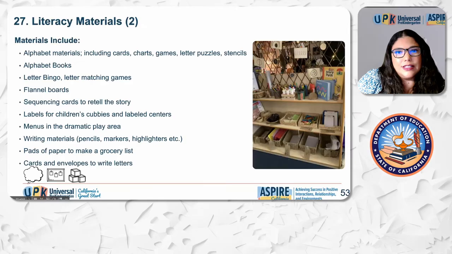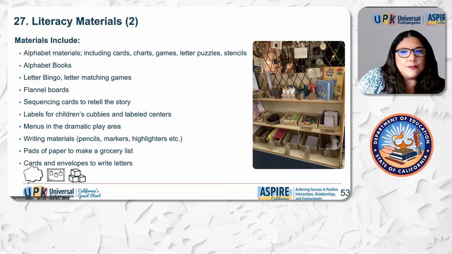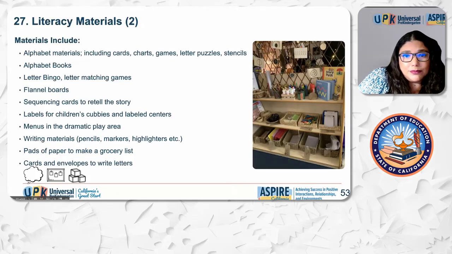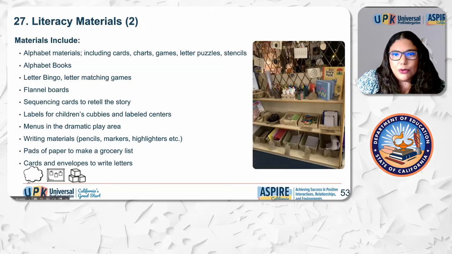Okay, here is a list of materials that you can include for this particular item. We have alphabet materials, including cards, charts, games, letters, puzzles, and stencils, alphabet books, flannel boards.